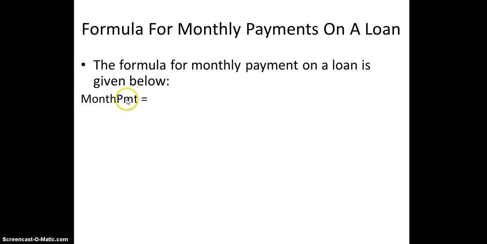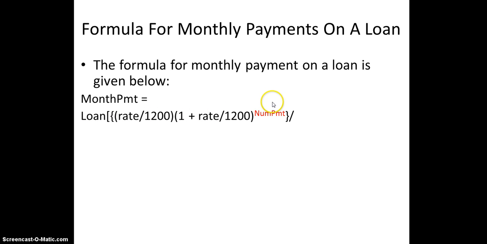On the left hand side we have month PMT. So my monthly payment will be equal to, on the top, the numerator is this expression: loan multiplied by the first term, rate divided by 1200, the second term is 1 plus rate divided by 1200 to the power num payment.